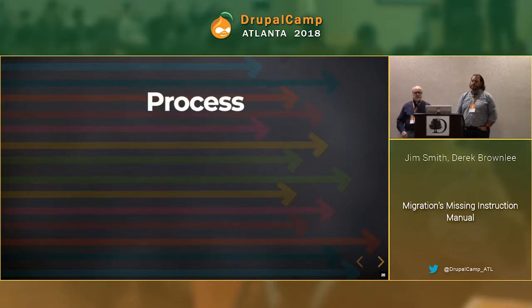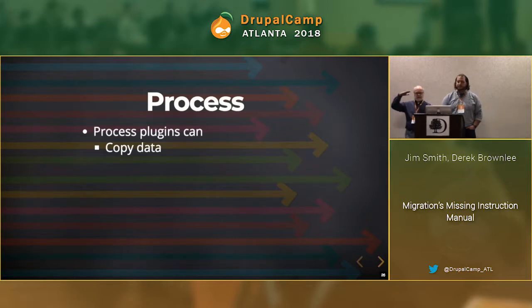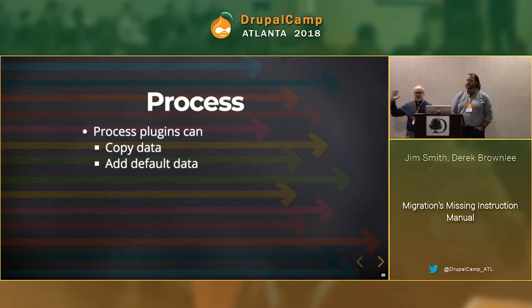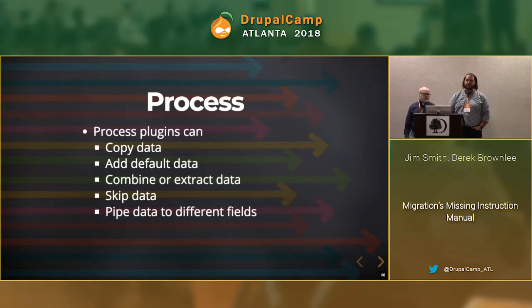So the process is also a part of your YAML file, and as I said earlier, you can stack these in a series of things. You're going to do things like copy data straight over, or maybe add some default data. You can combine or extract parts that you want or don't want. You can just skip certain pieces of the data altogether.